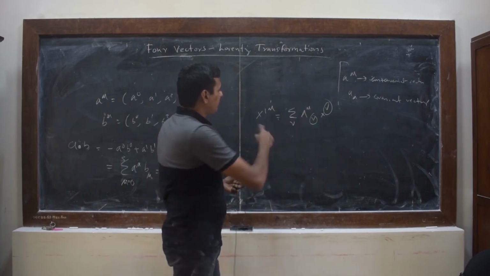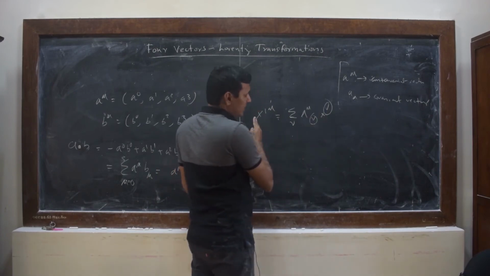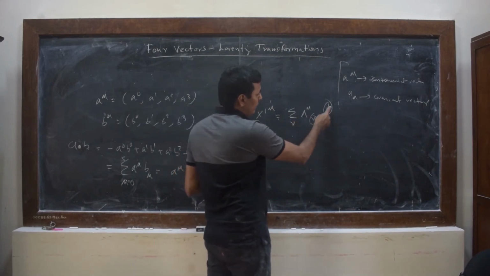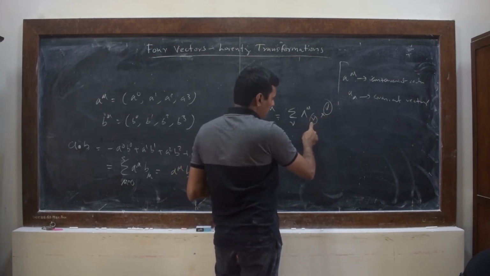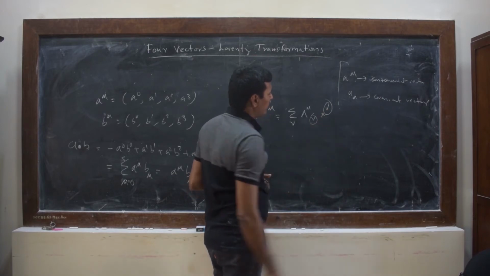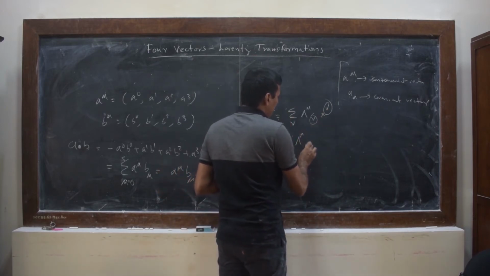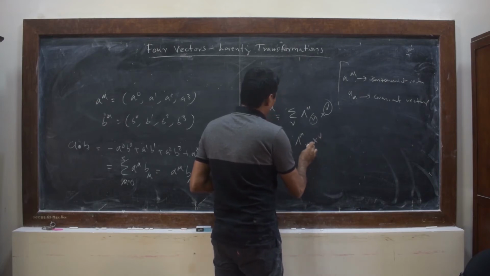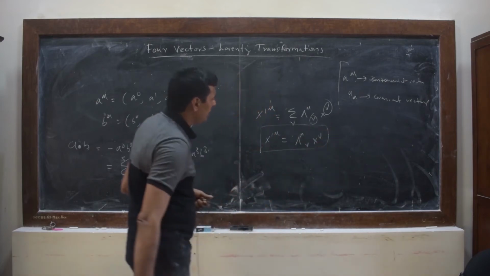Whereas nu is not there on the left hand side, but on the right hand side it appears twice, one as a covariant index and the other as a contravariant index. So, it sums over. You can just write this as x prime mu equals lambda^mu_nu x^nu.